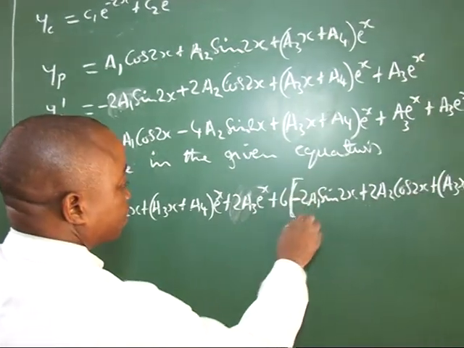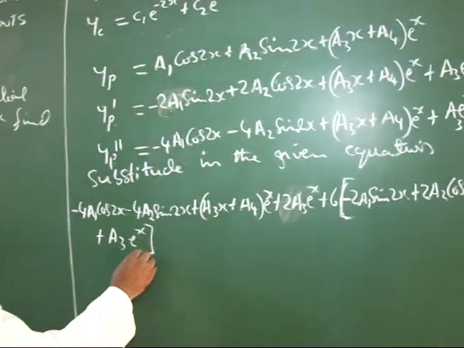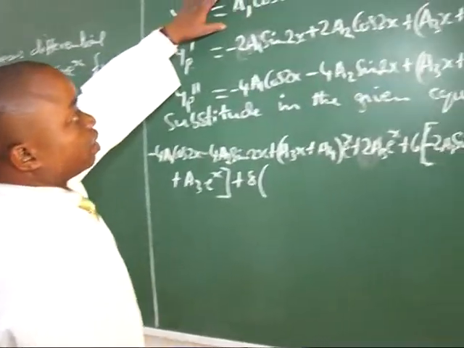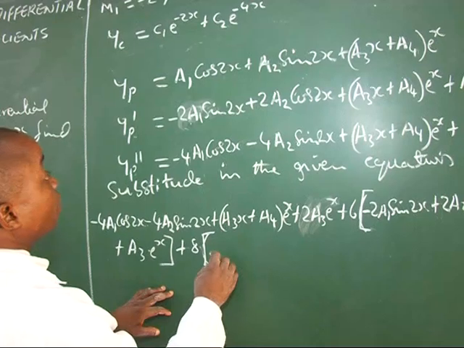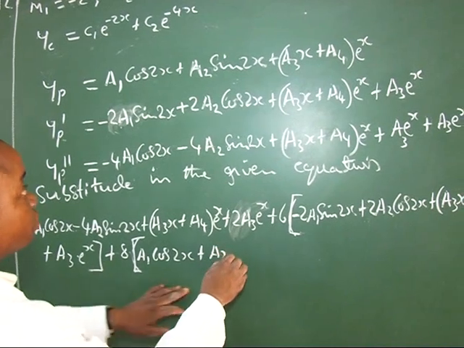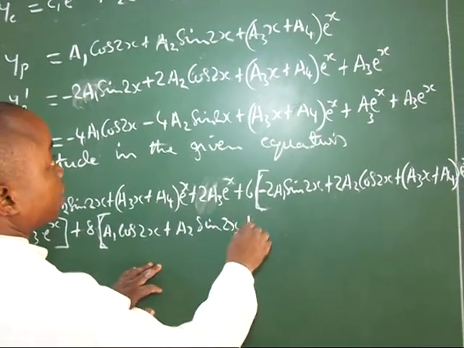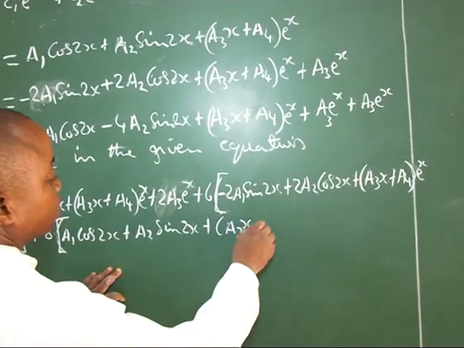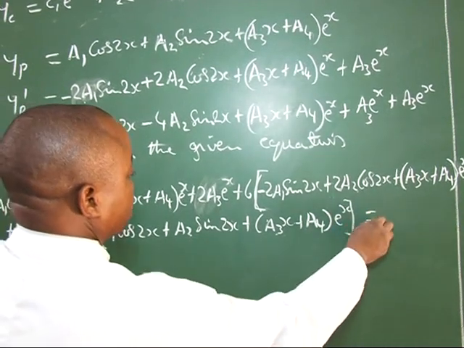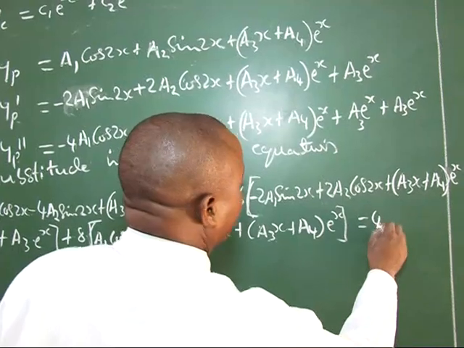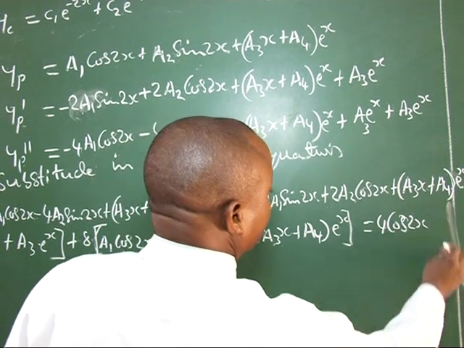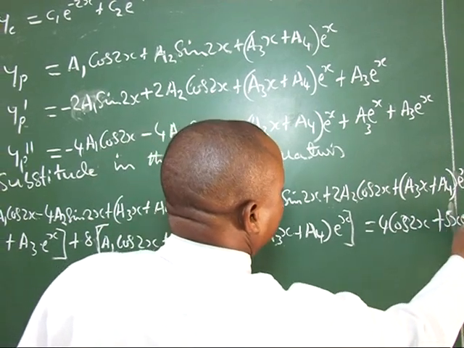So that is y prime. Now we start again, plus 8, then we enter y. Y there is a1 cos 2x plus a2 sine 2x plus (a3x plus a4) exponential x. Okay, this is equal to 4 cos 2x, alright, plus 5x exponential x.